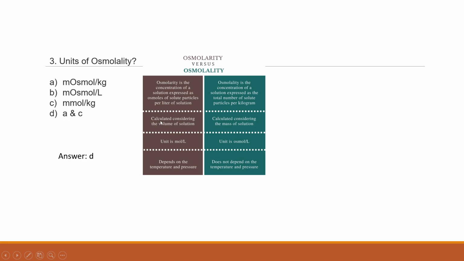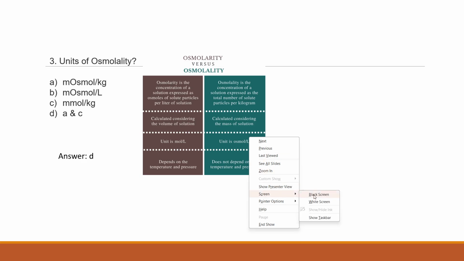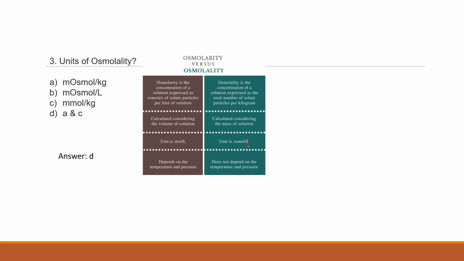Because osmolarity is calculated by volume of the solution, and this is by mass of the solution. The unit for this is mole per liter, and this is osmol. This is a mistake, I guess. So this is all osmol per kg, not liter. Let me just change that right here. So this is your kg, not liter.